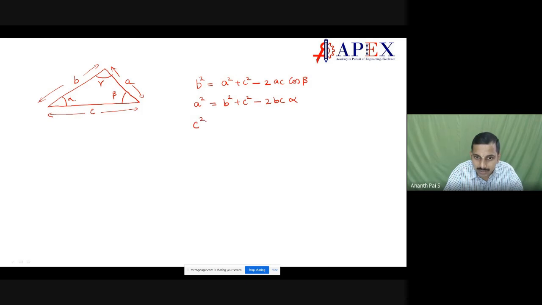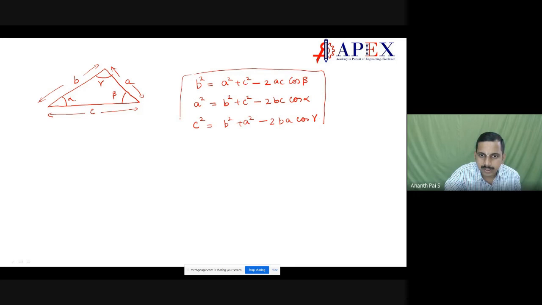Then similarly, C square is equal to B square plus A square minus 2BA cos gamma. Make sense, students? Write this down. Very, very important, used in a number of situations. We sometimes are not able to solve complicated problems because we don't know these basics. So recall these basics, students.